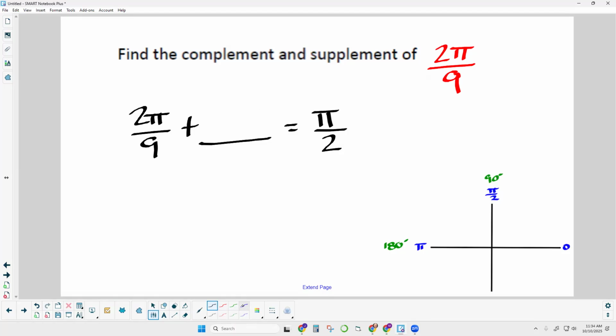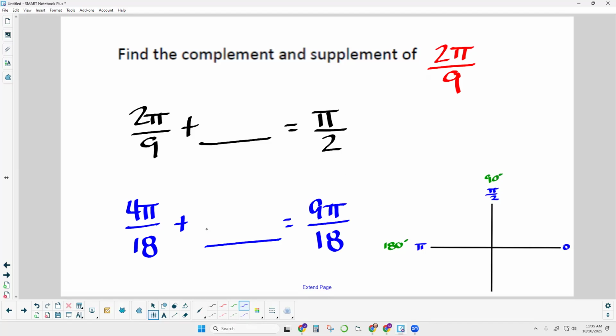Much easier to work with that way. So the common denominator here is 18. So I'm going to rewrite 2 pi over 9 as 4 pi over 18. And this will be 9 pi over 18. As you can see, these are equivalent.